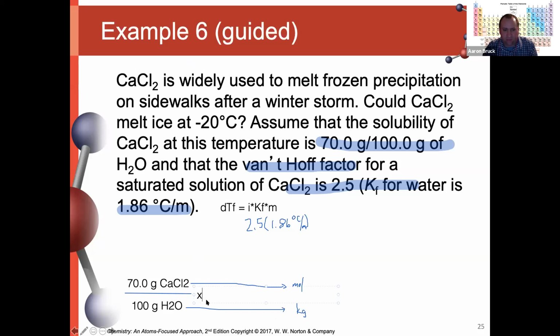And so the first thing we ought to do is the molar mass of calcium chloride: 40.08 for calcium, 35.45 for each chlorine, and there are two. 110.98 grams of calcium chloride in every mole of calcium chloride.